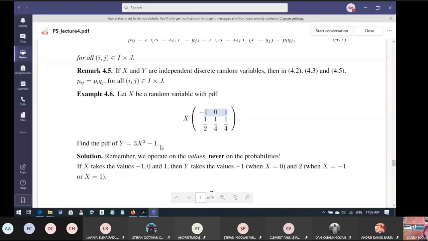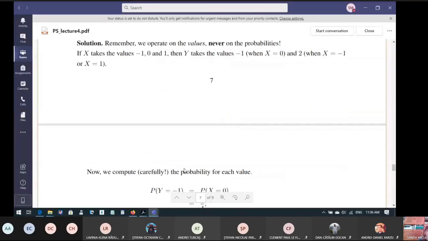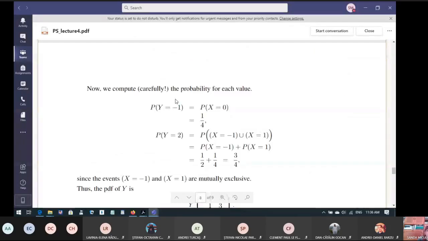Like I said, in a PDF, we only list distinct values. So we're not going to write the value 2 twice, even though it can occur from 2 distinct values of x. Okay, then we compute the probability for each value. Simply looking at how did we get this value, right?